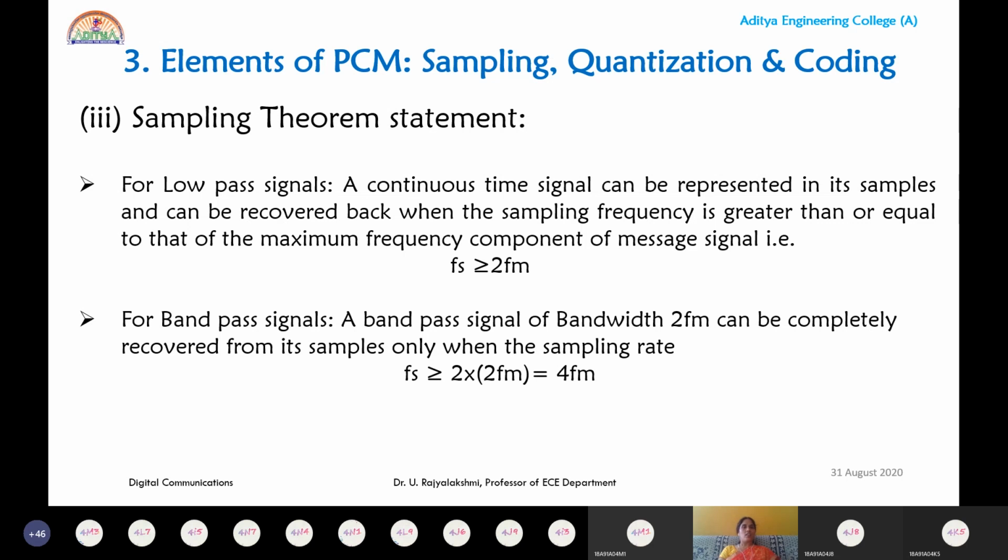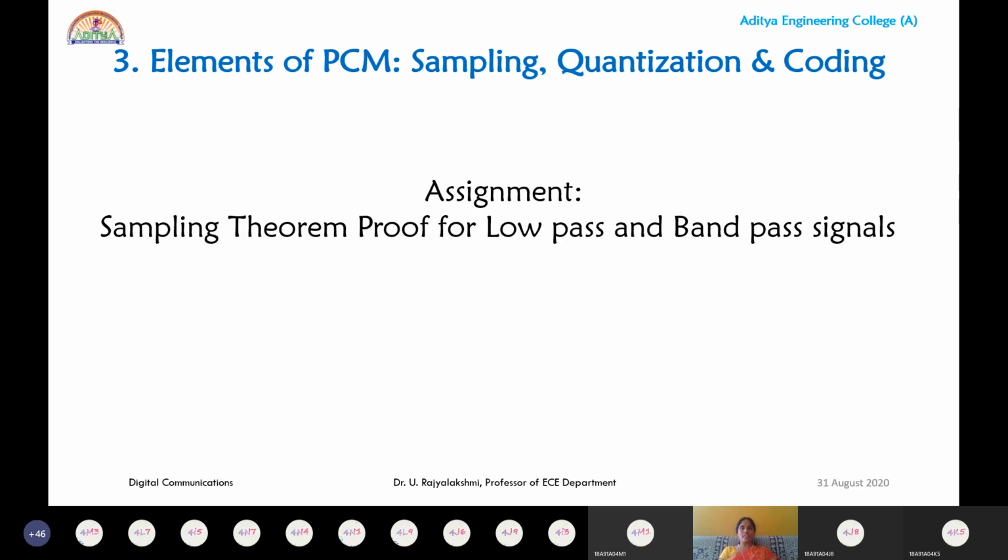Your assignment for last week, because Saturday unexpectedly we didn't get the class due to a declared holiday, is to state and prove the sampling theorem for low pass and band pass signals. Try to complete this assignment by the end of this week.